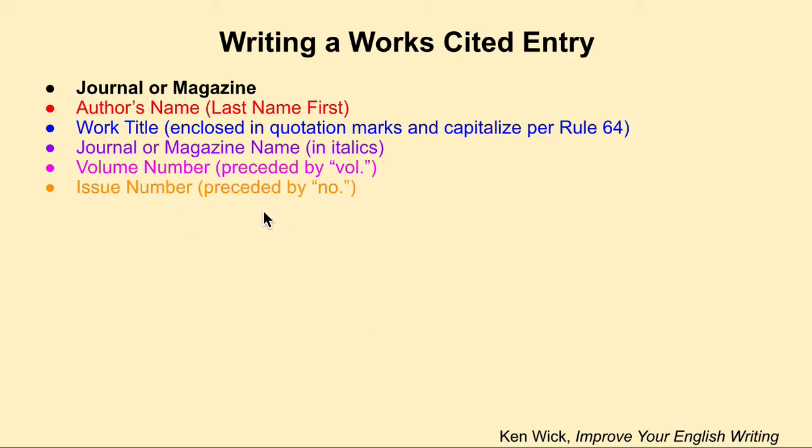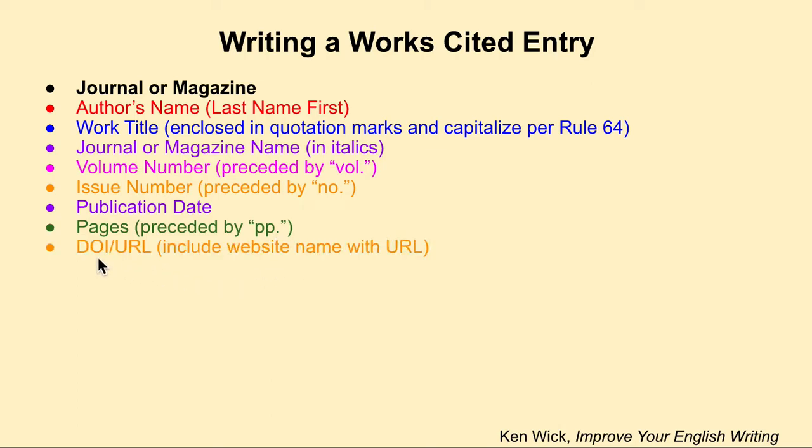Then the issue number preceded by no. Then the publication date. And then pages preceded by pp. Then you're going to have the DOI or URL. Include the website name if it's a URL. And of course, you may omit the http at the beginning.